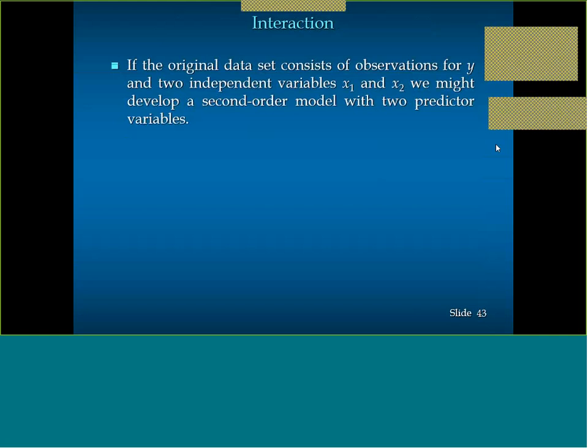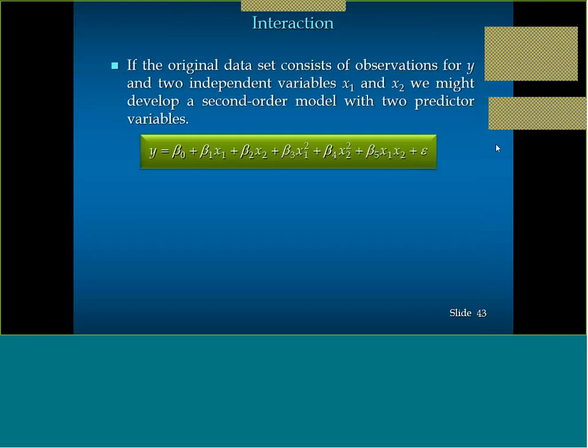Now, sometimes we should include the interactions between two independent variables. So if the original data set consists of observations for y and two independent variables x1 and x2, we might develop a second order model with two predictor variables.